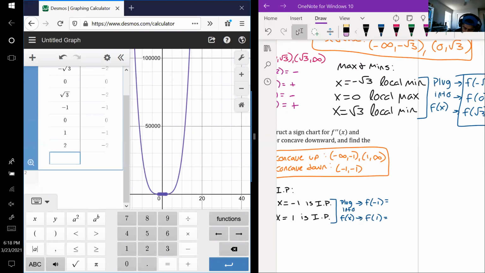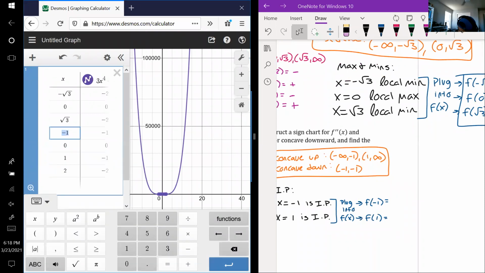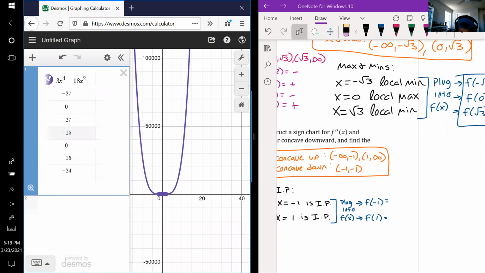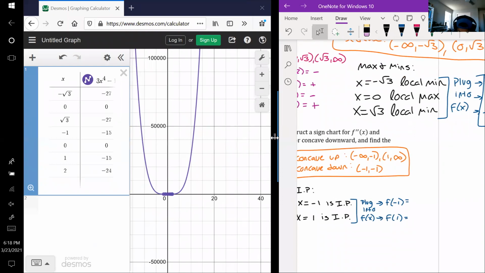That's the original function, so there's -1 and 1 in there already for me. So -1 and 1 gives me -15 and -15. Cool.